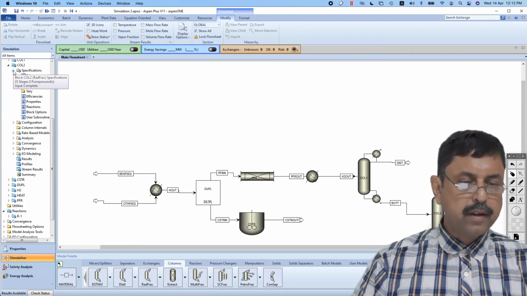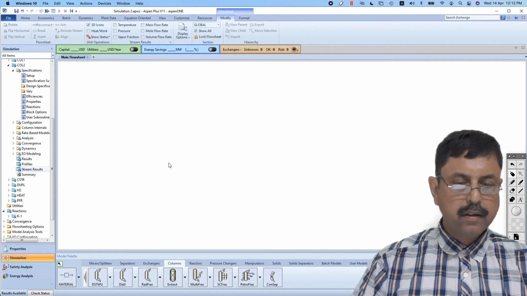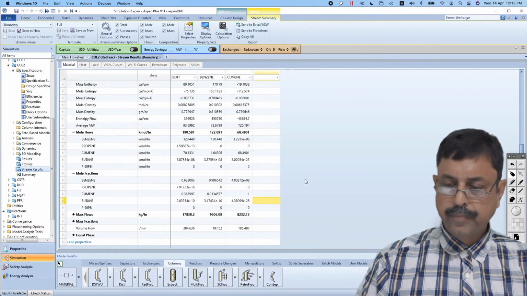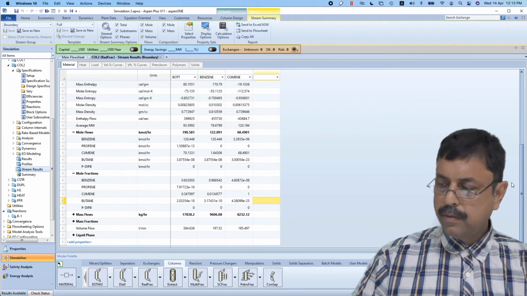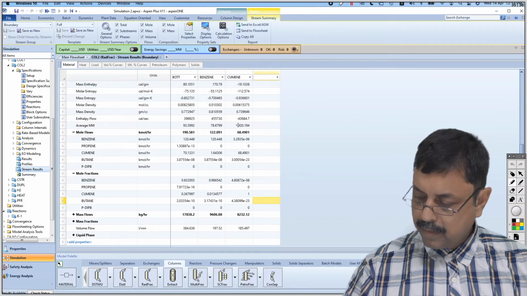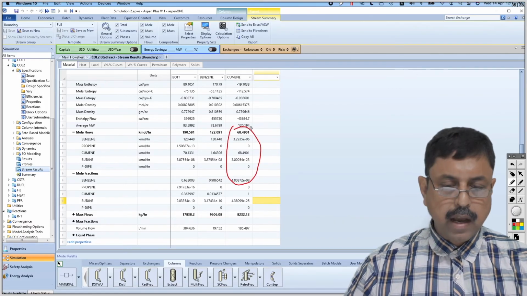And the results are available over here. See the stream results. So you can check the Cumene line. Out of 68.4901, we have entirely Cumene over here.